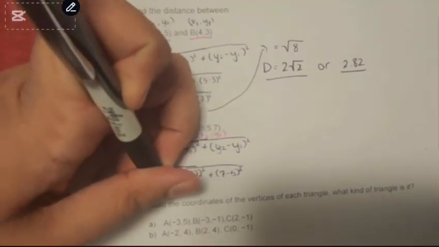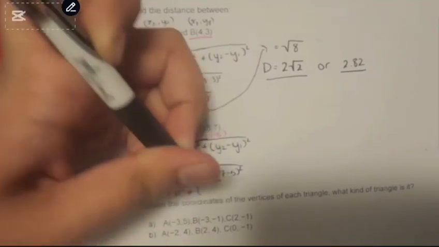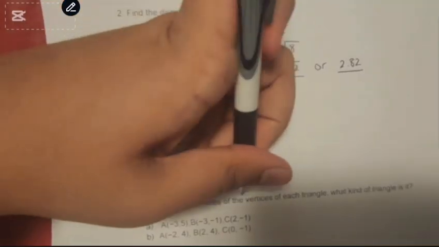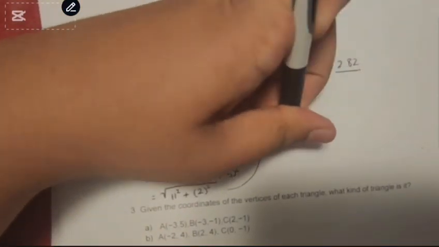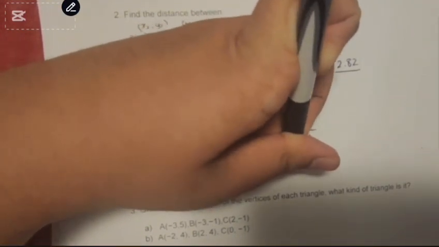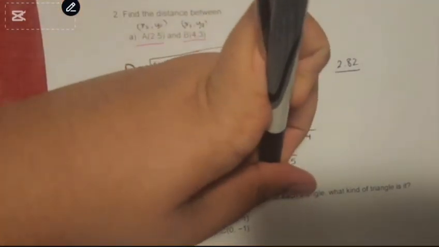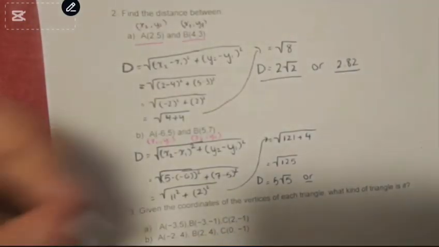As we continue on, we'll get 11 squared plus 2 squared, and as we continue on, 121 plus 4. And then this will give us 125, which just becomes 5 root 5, or 11.18.